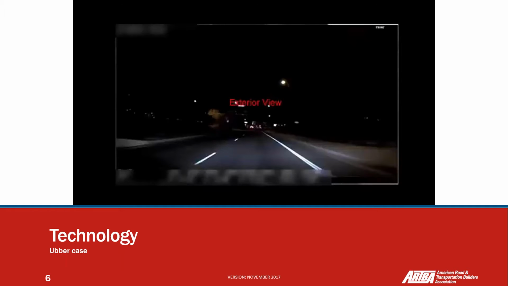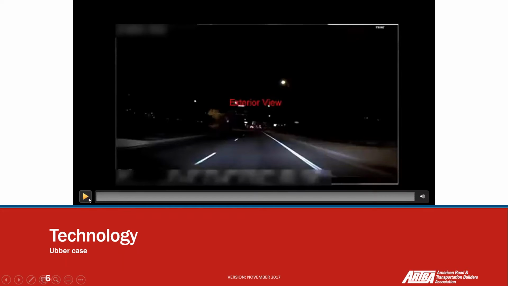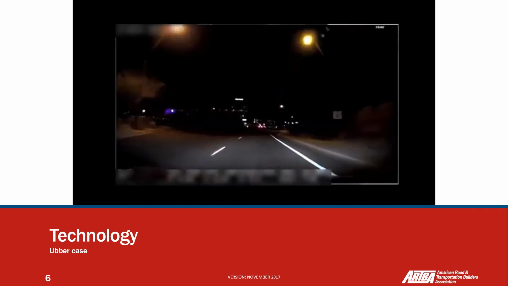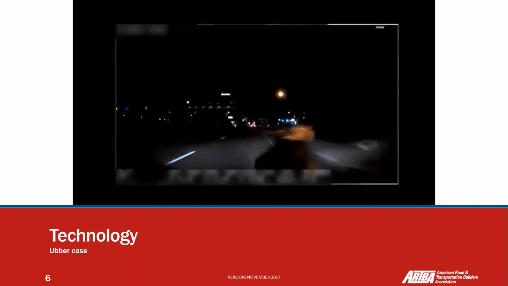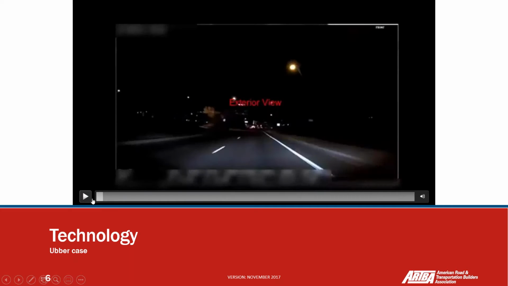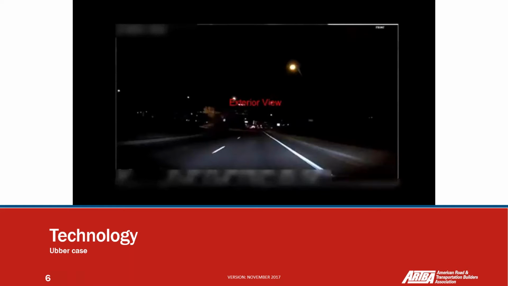Okay, this is a counterexample about technology, but it's important to share it. And this is the Uber case, the first victim of an Uber, our autonomous vehicle. You know, let me put it again. It's interesting because it's also helping us to realize how important is high visibility at night.